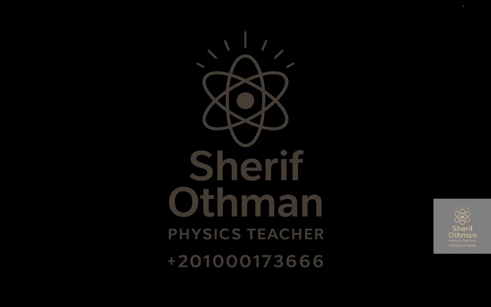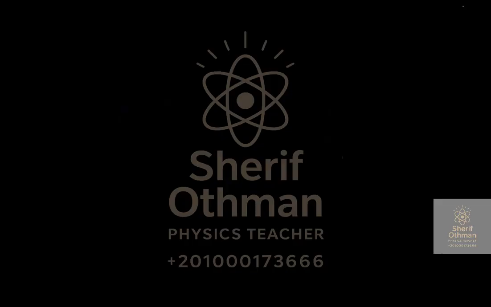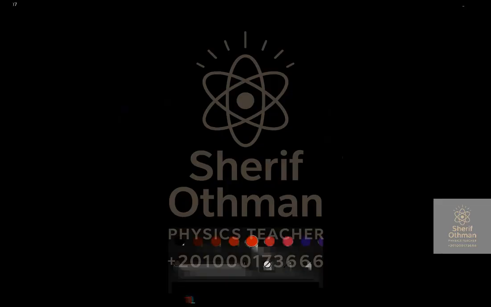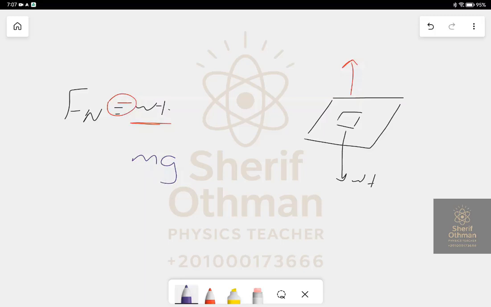Well done. So the normal force is equal to the object weight, while object weight itself is equal to the mass of the object multiplied by the acceleration of gravity. So by the end, F as a magnitude is equal to m multiplied by g.